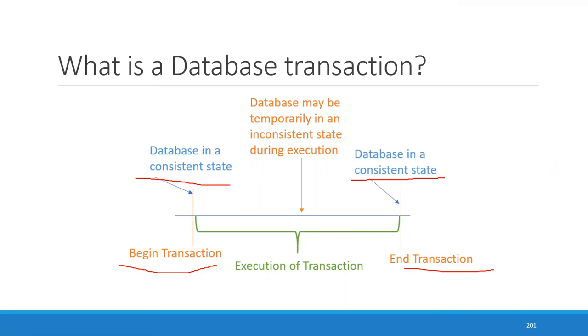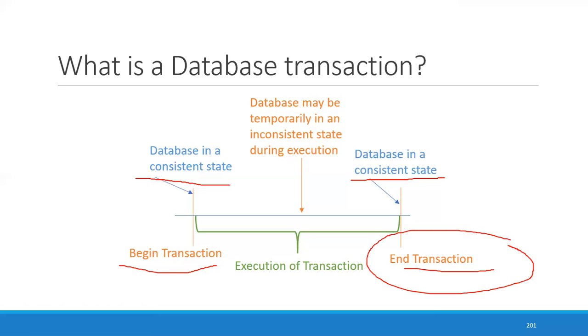Once the execution is completed successfully, the consistent state from begin transaction to end transaction will be changed. Definitely there is a change from the database in a consistent state to the database in a consistent state at the end of the transaction.